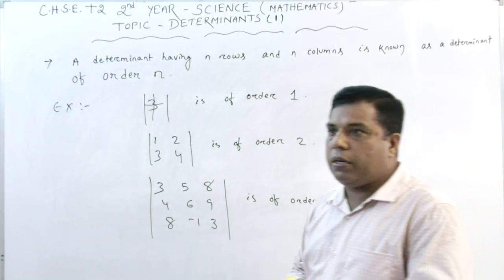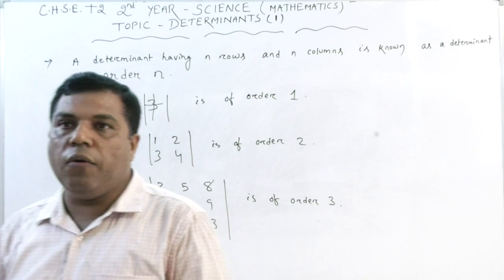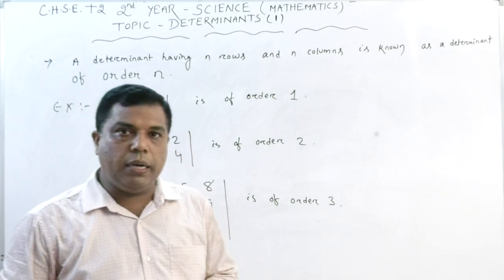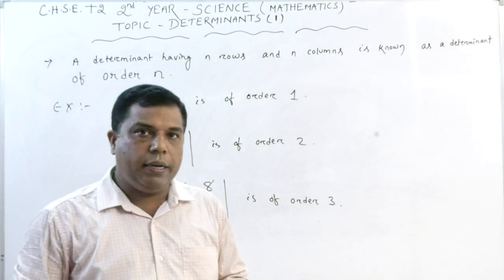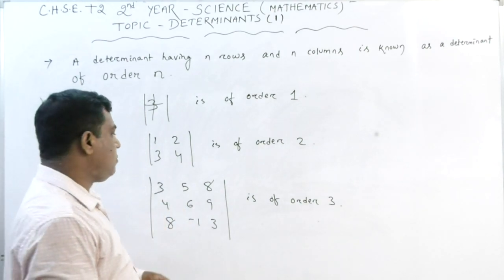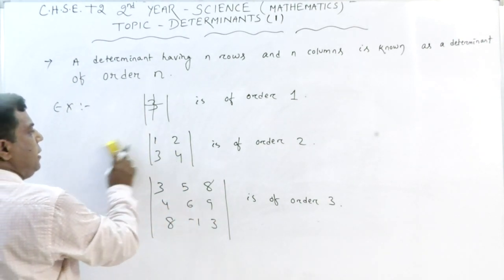Now let us move to find the value of a determinant. How can we find the value of a determinant? Let us check it. So I am cleaning it now.